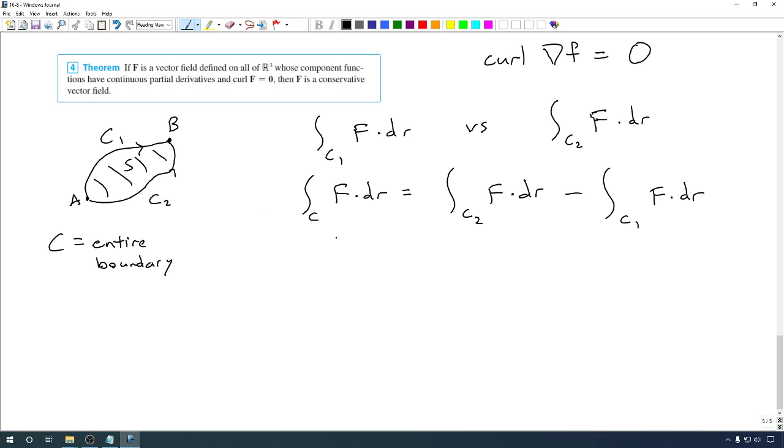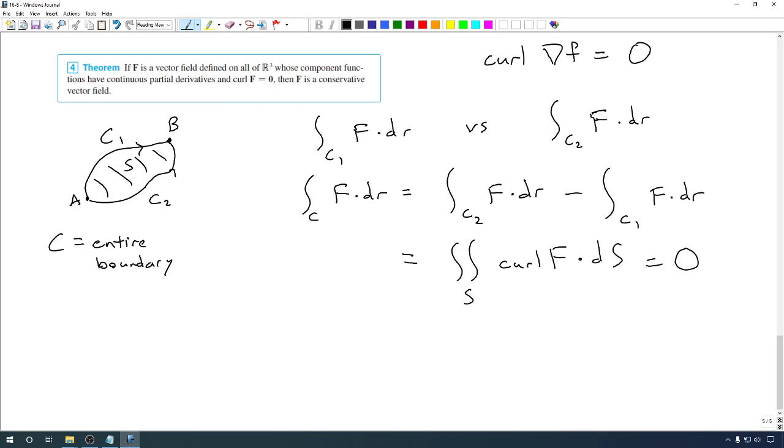But because of Stokes' Theorem, and the fact that we've already mentioned it has to do with our surface in the middle, we can write this as the surface integral over S of the curl of f dot dS. But we're assuming here the curl of f is 0. So this integral has to be 0.